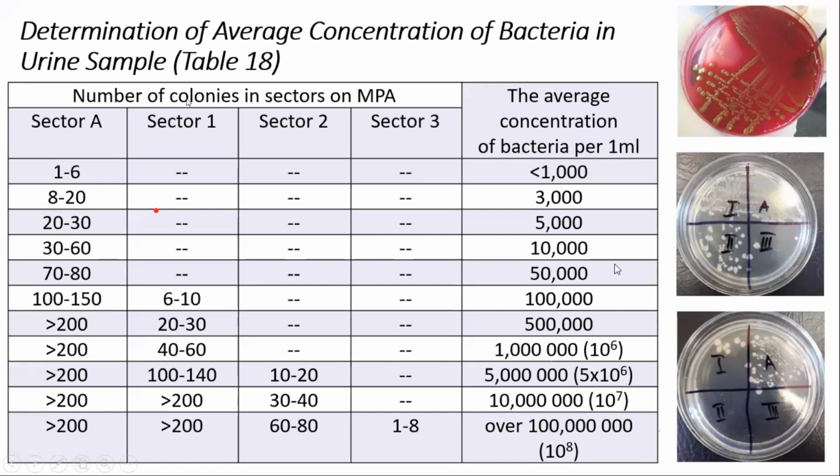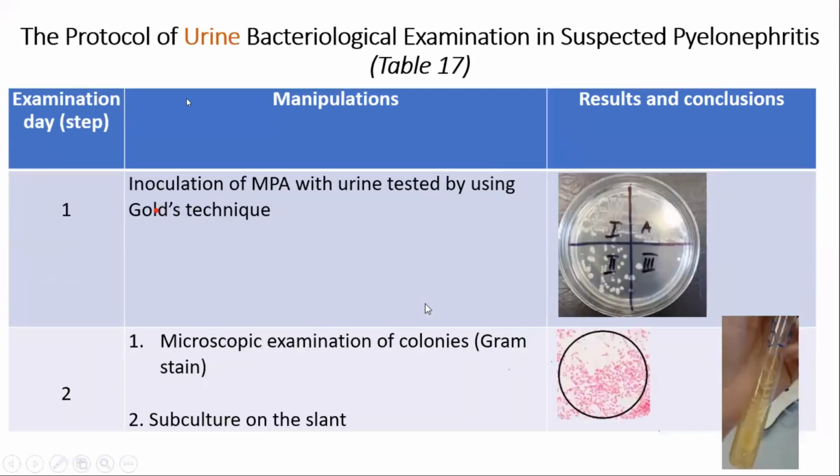Is that clear? Yes, that's good. So let us go back and put down the results. We comment this, and then you will put down that severe bacteriuria is detected, 10 to the power 8 per 1 milliliter.